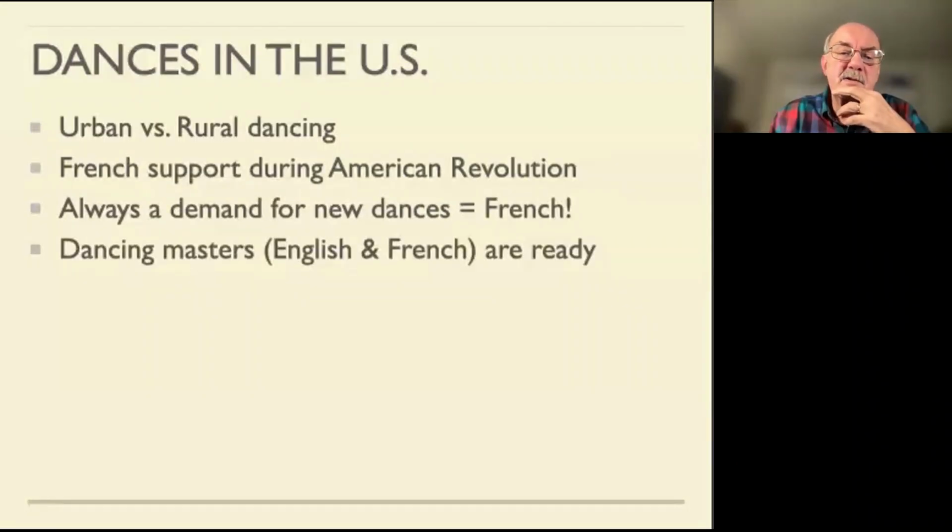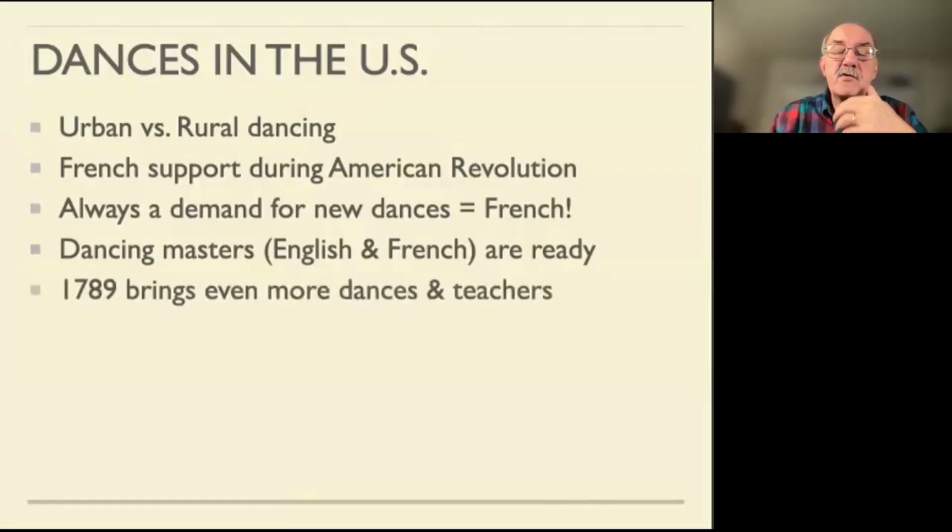The dancing masters, both English and French, are ready to supply people with the latest, newest thing. Of course, after 1789 and the French Revolution, dancing masters in France, seeing their clientele go to the guillotine, scooted out of town, and many of them came to America, became land speculators, and became dancing masters, bringing their knowledge of the latest French dances.